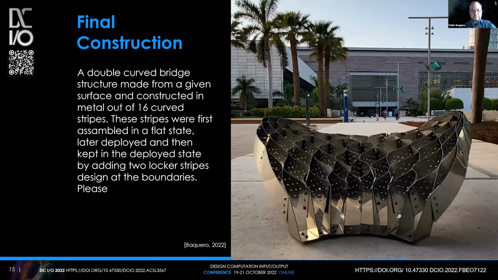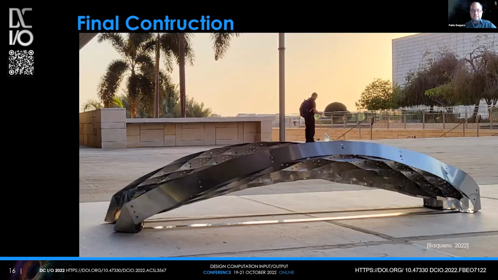And this is the final double curvature project that we constructed with 16 different stripes, assembled later with one single set of stripes. And there is an edge stripe that keeps all of the stripes open.